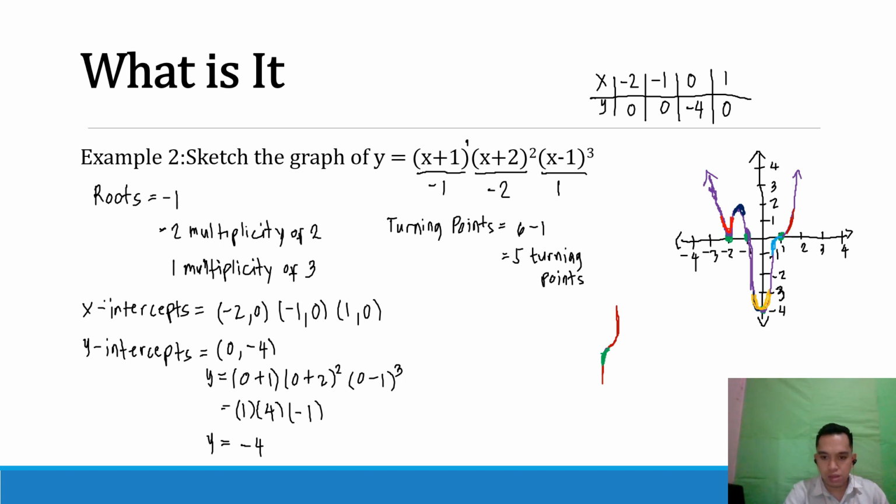Yung pangalawang liko naman dito. Okay, so ganyan tayo class kapag mag-graph ng polynomial function. 'Di ba? Madali lang naman siya. So that's all for the so ito yung ating example number 2. Okay? So I hope na-gets niyo yung ating example.